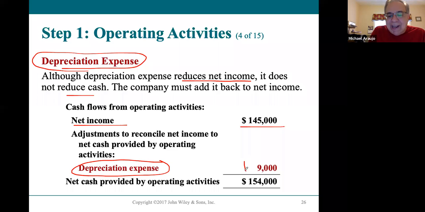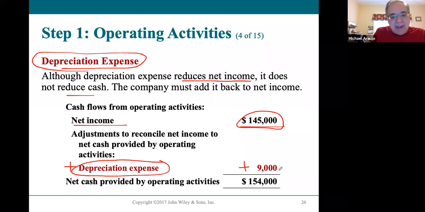We are adding it because the cash never went out of the business. The cash stayed in the business. We didn't have to write a check for this. So we look at it as a positive cash flow. We look at it as the cash is staying in, never went out. So the depreciation expense is always going to be added back in to the net income, because in order to get the net income, we subtracted it out, but we didn't pay it out in cash.